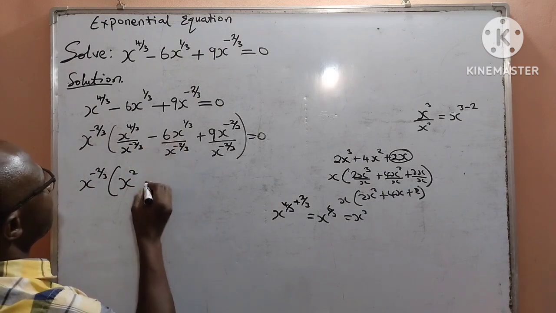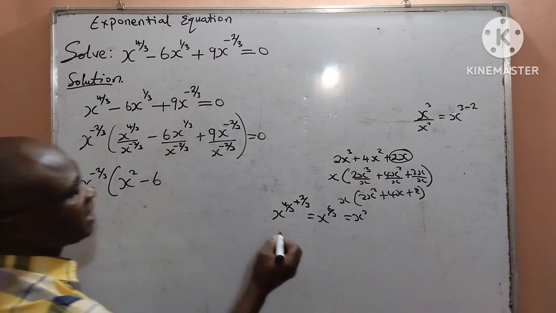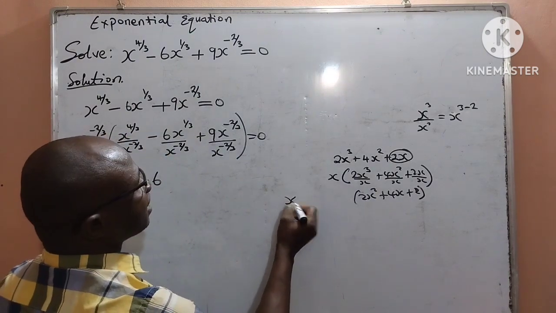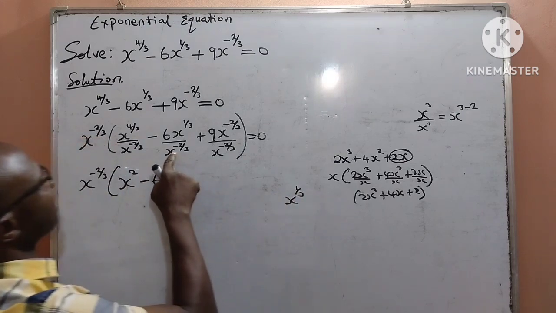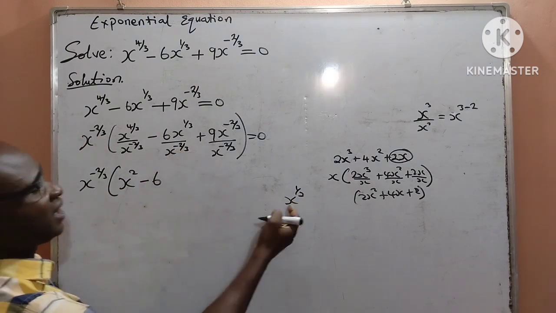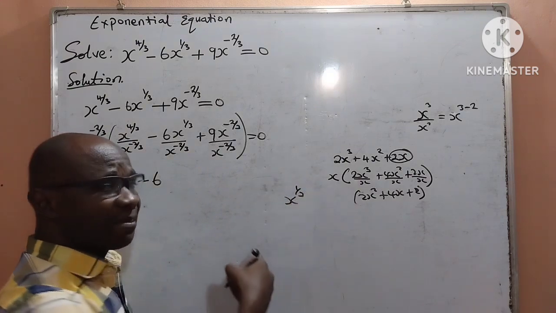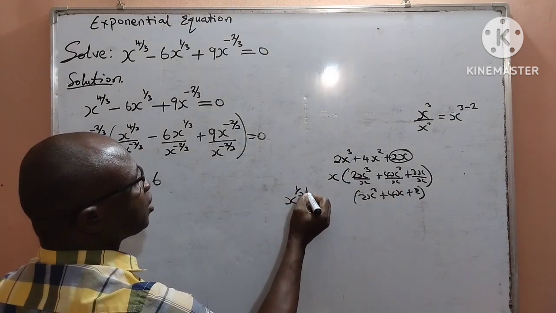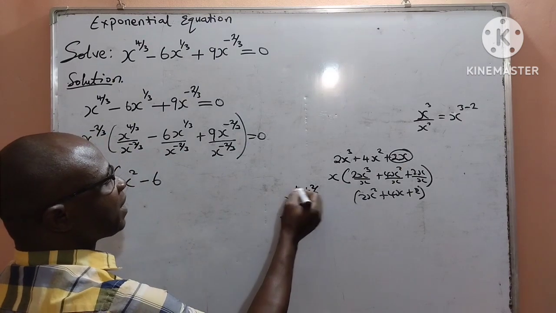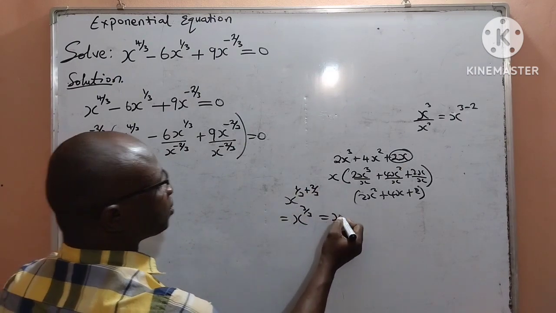Next, I have minus 6, then x raised to power 1 over 3. Then at the denominator, I have x raised to power minus 2 over 3. Going to the numerator, it will now be minus minus, which is now plus 2 over 3. This is now going to be x raised to power 3 over 3, equal to x.